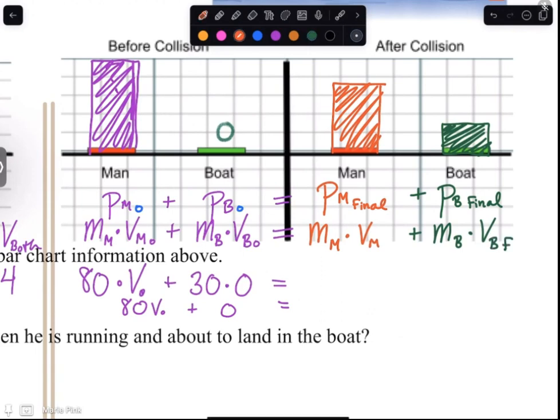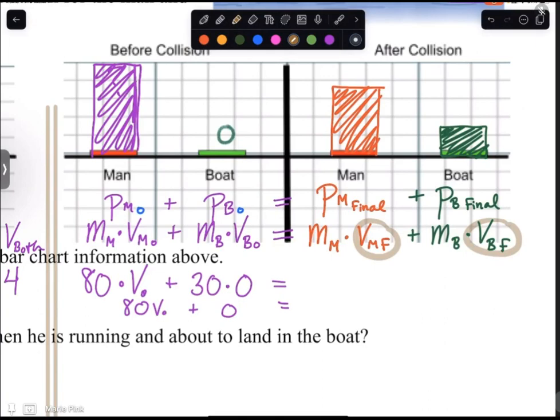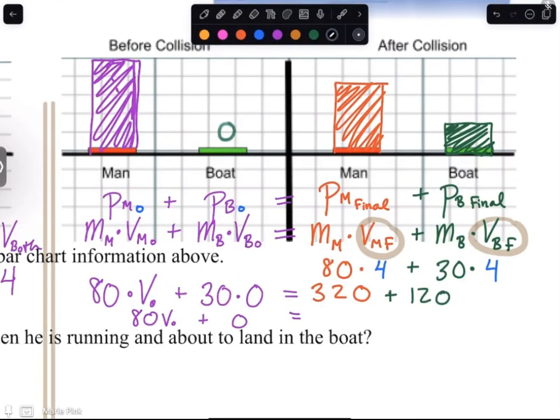I've got mass times velocity for both of these. Now, this velocity is the same as that velocity because the man is in the boat. And so both of those are the 4 that we were given in the problem. So that'll give me a momentum of 440.